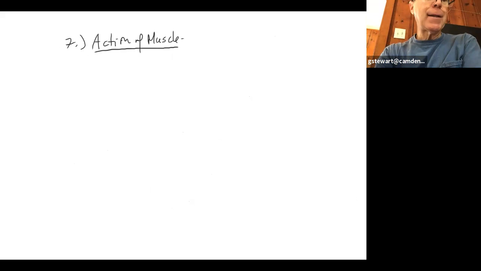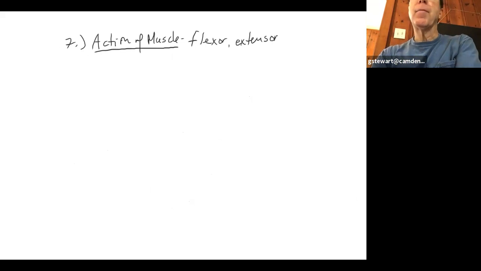So if the muscle has a name like flexor, extensor, these words describe the movement or action of the muscle. Another one might be adductor.